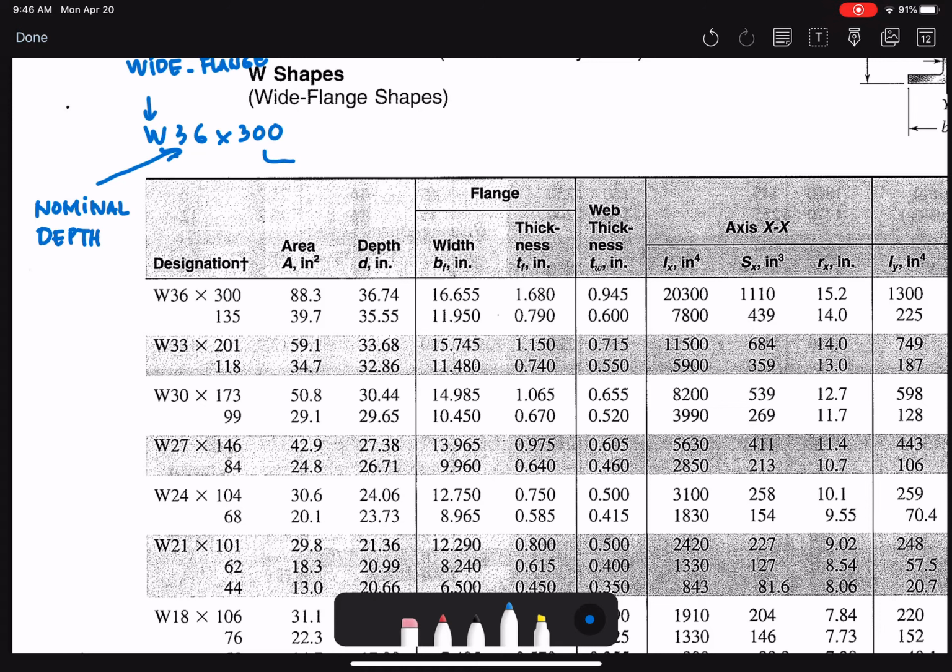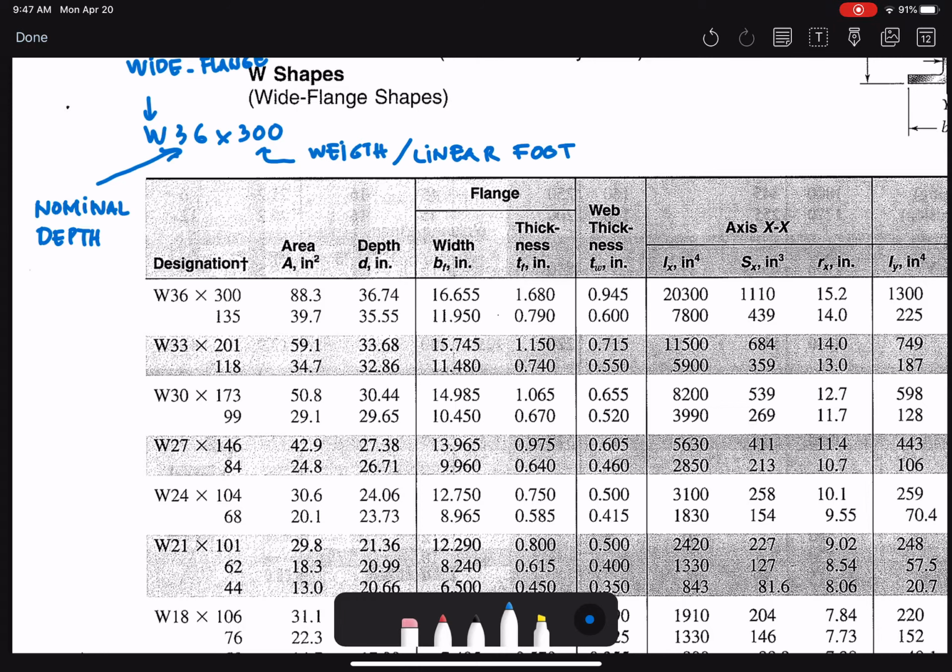And the 300 here is the weight per linear foot, the weight of the beam per linear foot.